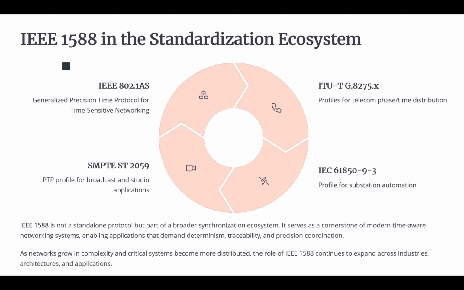We have another standard for substation automation, IEC 61850-9-3, which is used in power grid substations to synchronize the data from the electrical devices in the grid. That makes sure the voltage and current measurements taken from different parts of the power station all have the same time reference, which is very important for the safety and efficiency of the power grid.